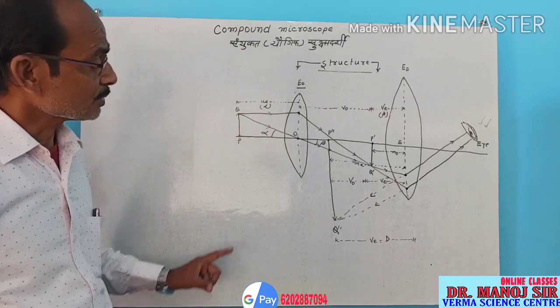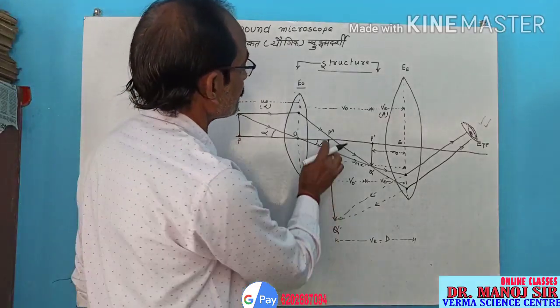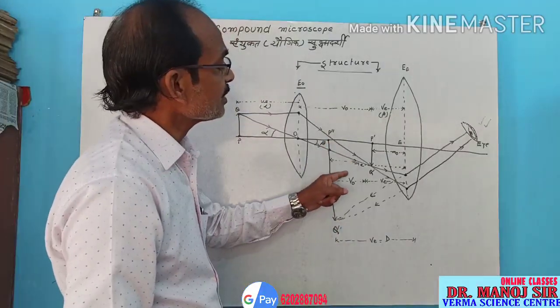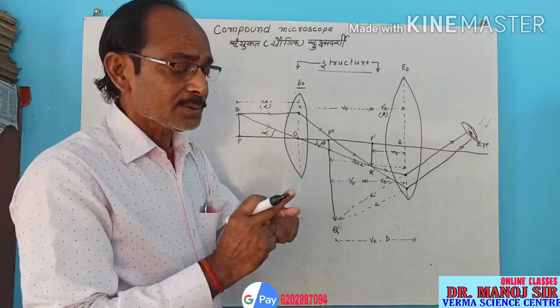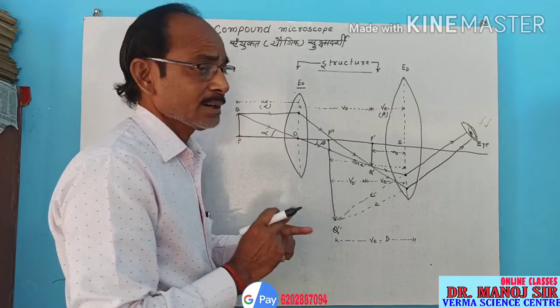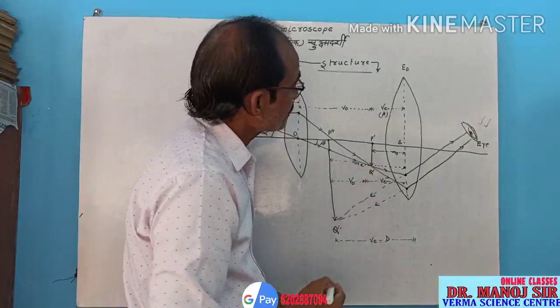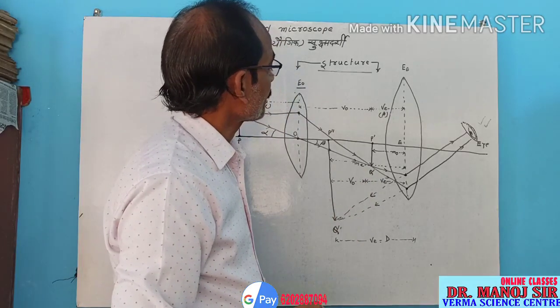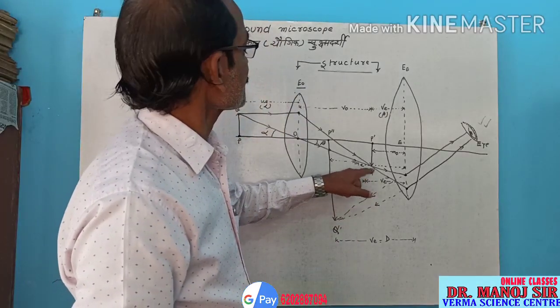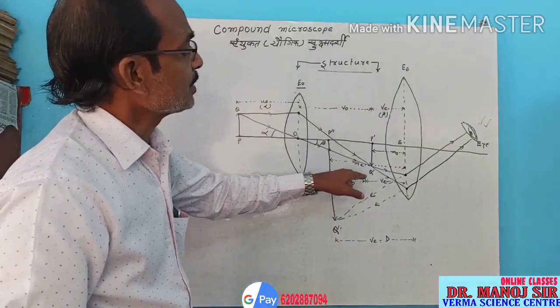The point where both the refracting ray cut together, that point is said to be vertex of the object, that is Q dash.